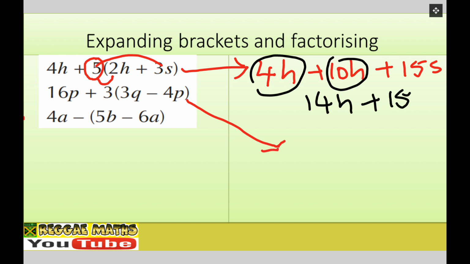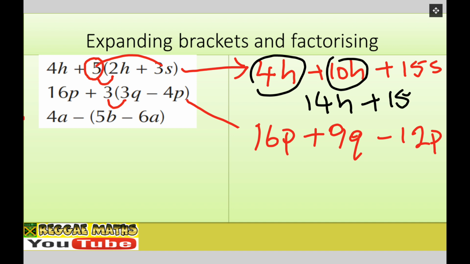Okay, same procedure here. So 16p comes over, then I've got 3 times 3, it's 9q. 3 times 4 is 12, but it's a minus 4, so it's minus 12p.